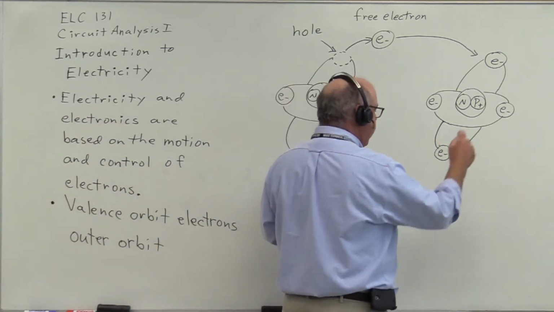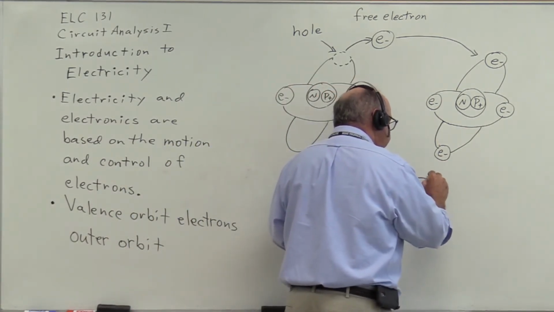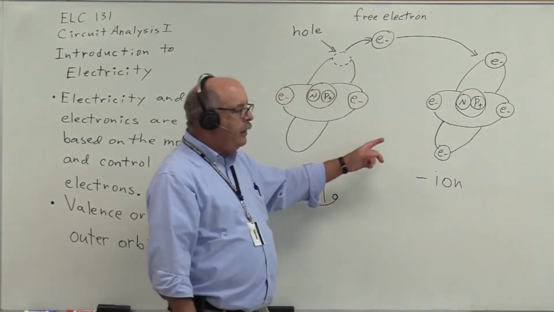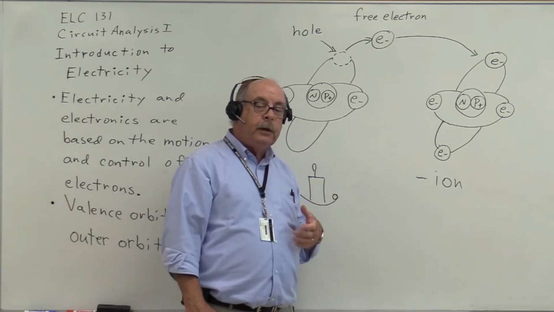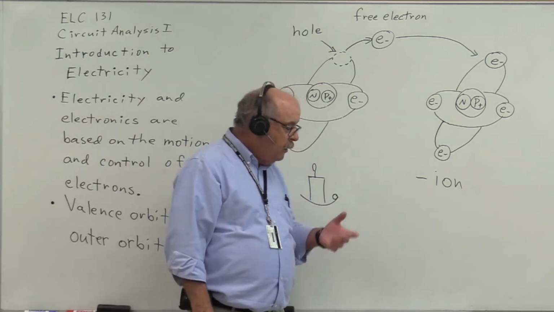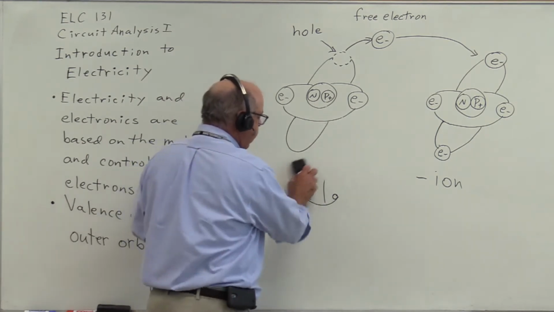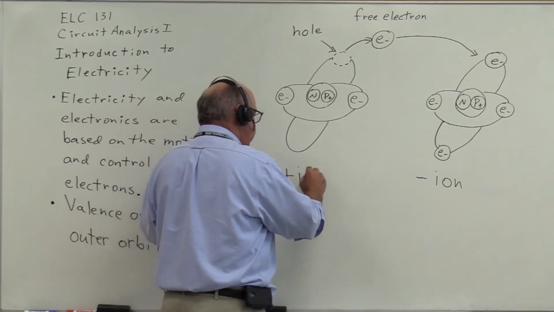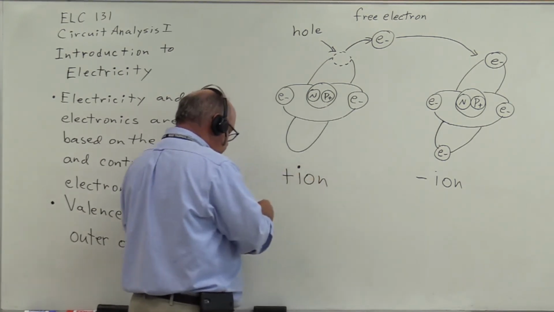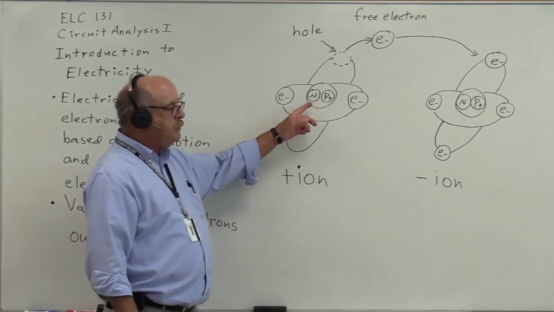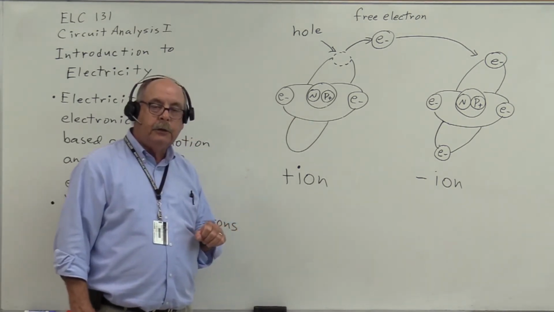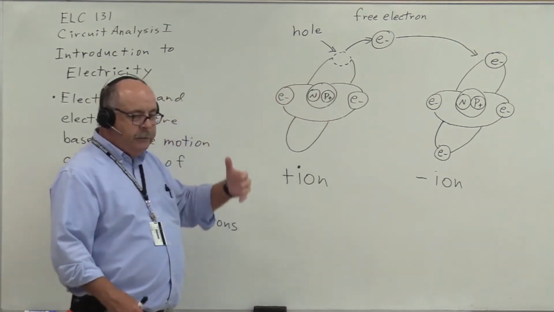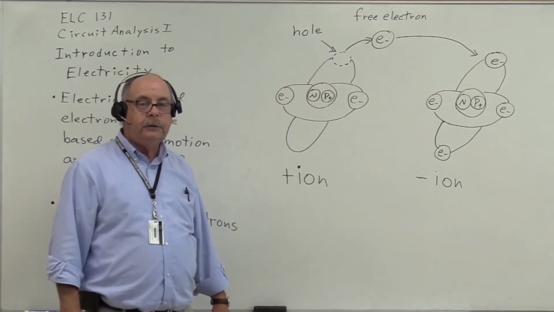And this particular atom becomes a negative ion, simply meaning that it has a net negative charge because it has more electrons than protons. This atom on the left that has lost an electron becomes a positive ion, simply telling us that it has more protons than electrons. And it's this motion of electrons that is what electricity is all about.